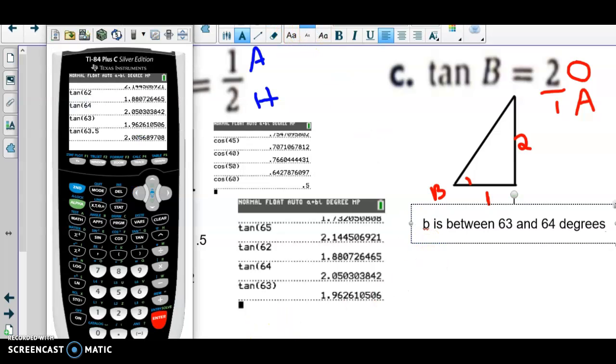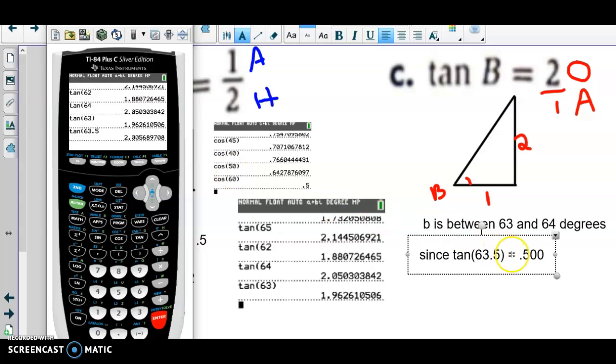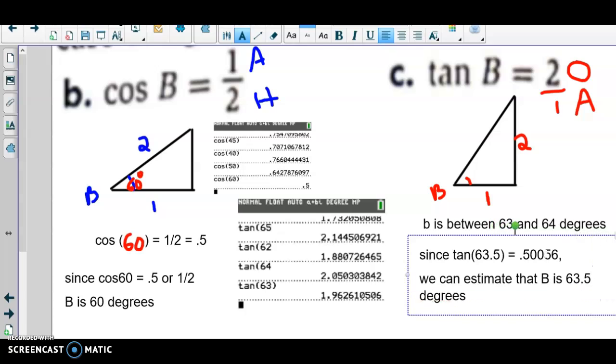So we could say B, since tangent of 63.5 is equal to, what was it, 0.56, yeah, we can estimate that B is 63.5 degrees. Okay? All right.